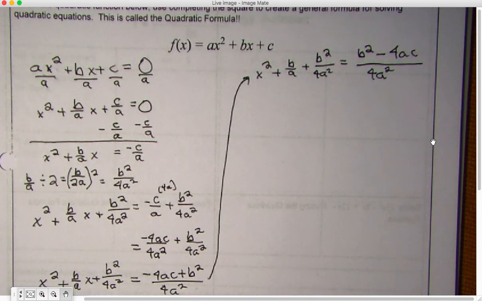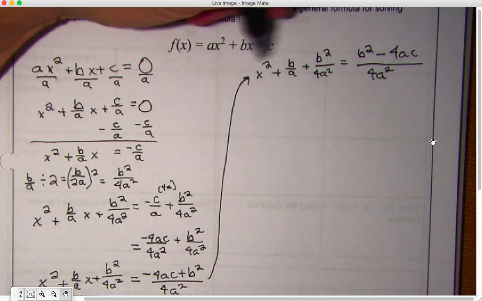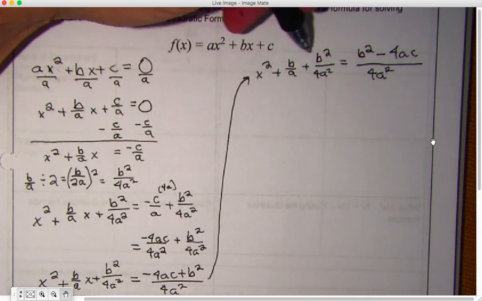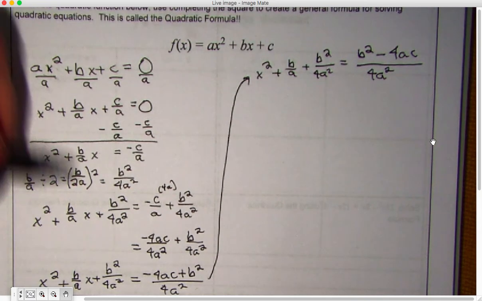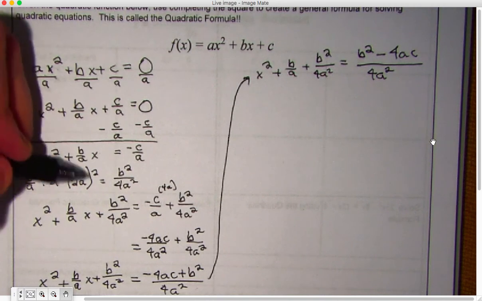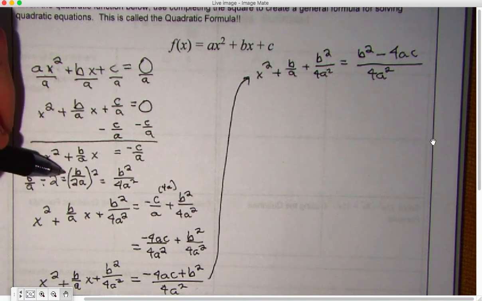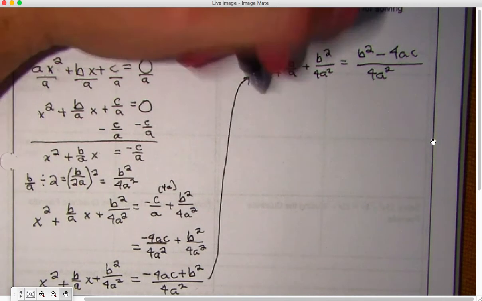And unpause. Okay, the next thing we want to do is factor all of this. So you're going to say, how the heck do I factor all this? Well, remember that little clue that we gave you. See this right here, the b over 2a? That's how this factors.